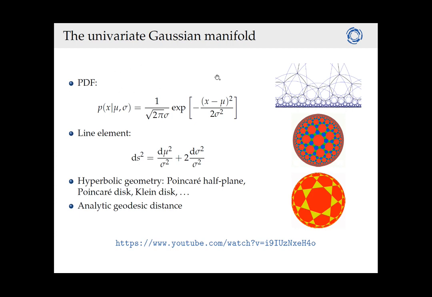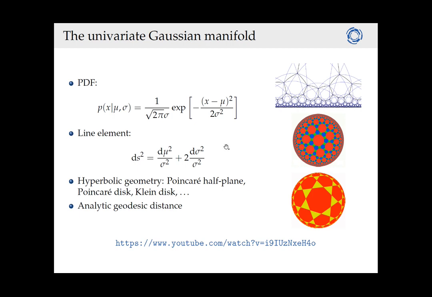The PDF is given by this expression, and this is actually a family of distributions characterized by their means and standard deviations. If you calculate the Fisher information from this probability model, you get this line element, providing you infinitesimal distances on the manifold of univariate Gaussian distributions. If you integrate that, it's going to give you geodesic distances.